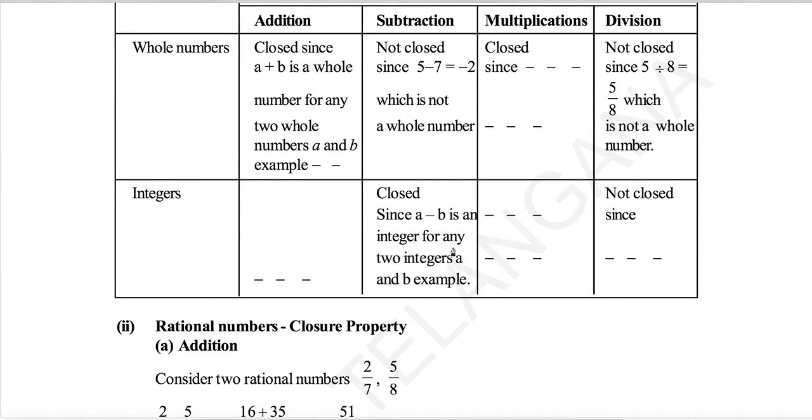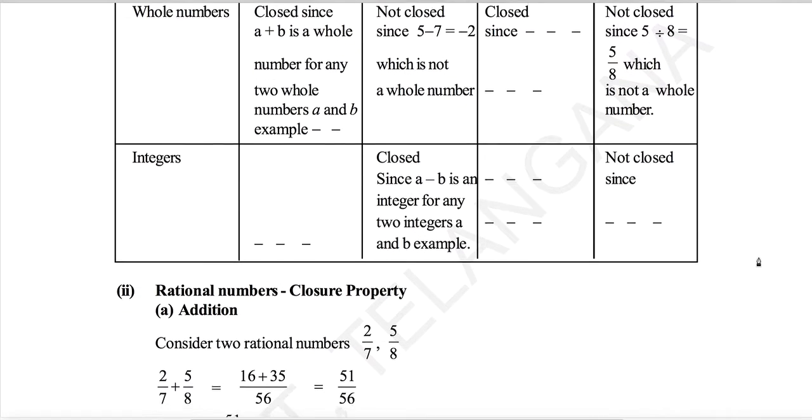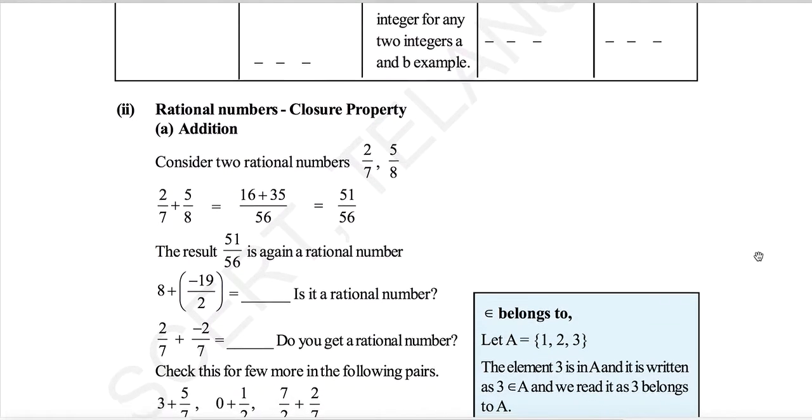You can take any example. 2 minus 10 is minus 8, still it is an integer. Multiplication is also closed, no problem. 2 into 4 is 16. 3 into minus 2 is minus 6. Division is not closed again. 5 by 8, the same example is valid here also, that is not a part of integers.